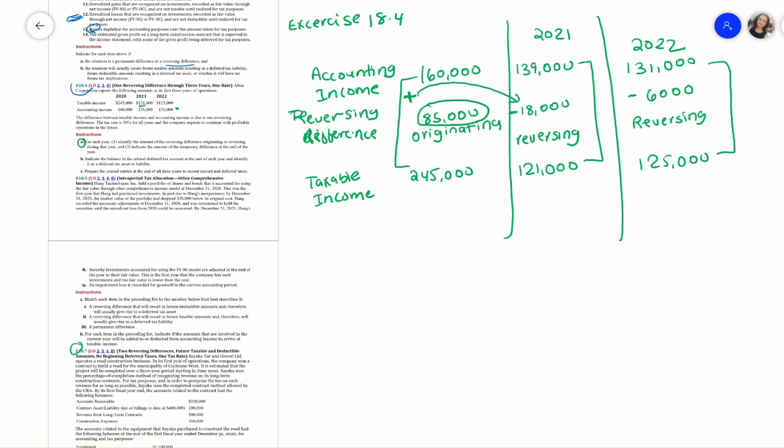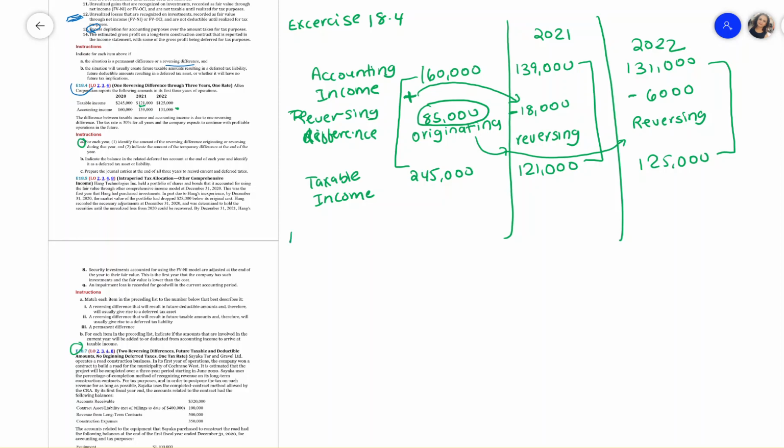So what we did is we answered part A. It says identify the amount of the reversing difference, originating or reversing in the year, and indicate the amount of temporary difference at the end of the year. Of course, if it's reversing every year, it is temporary, and it is a deductible difference.